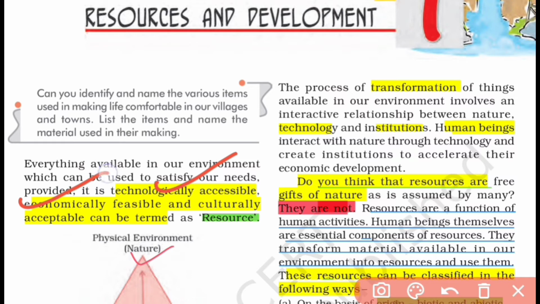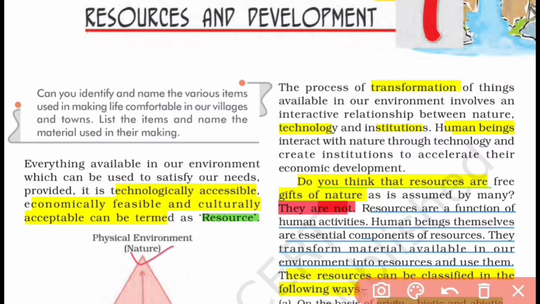Condition number 2, economically feasible. That means there must be enough materials or reasonable materials to be extracted from the environment. If the material in the environment is too less, then economically it is not viable to extract it from the environment.